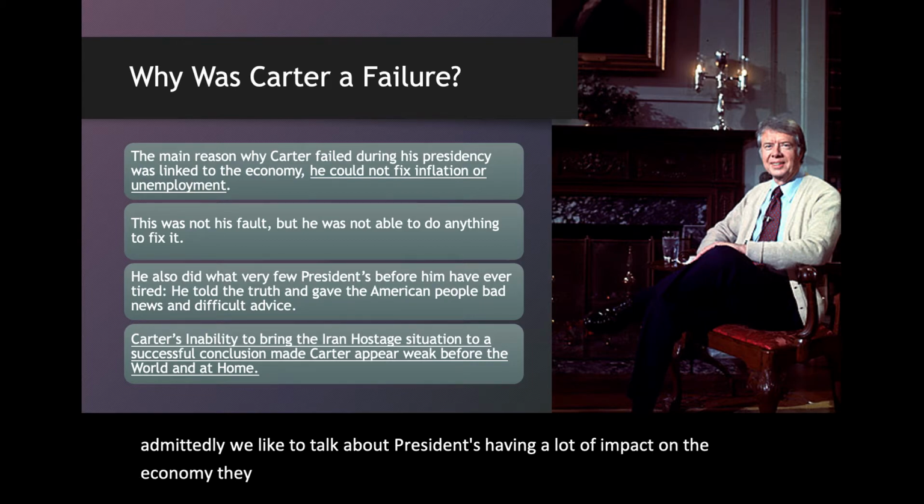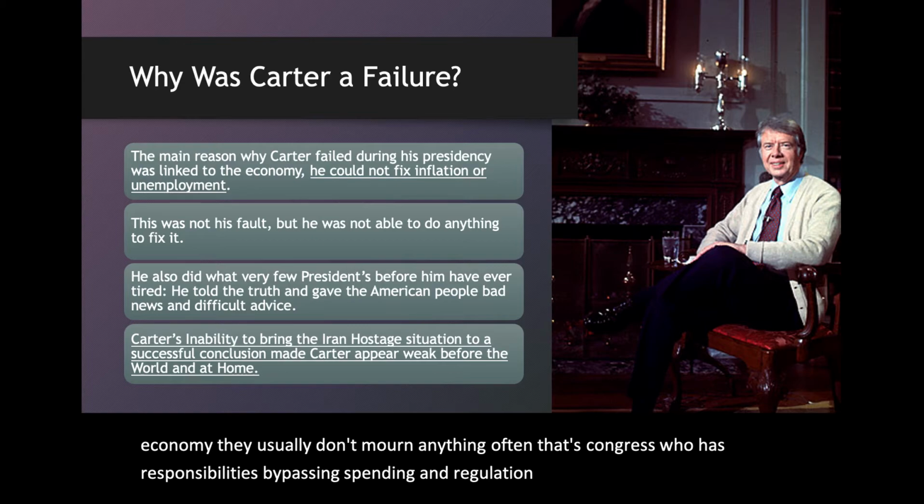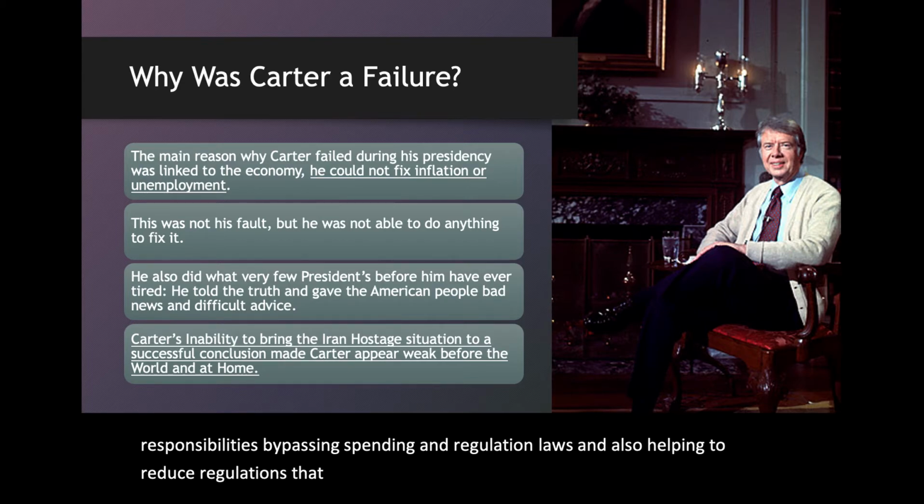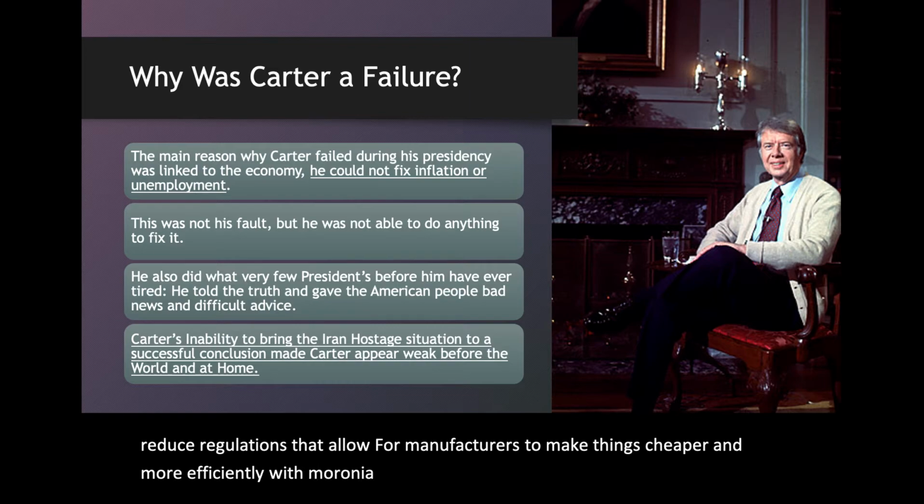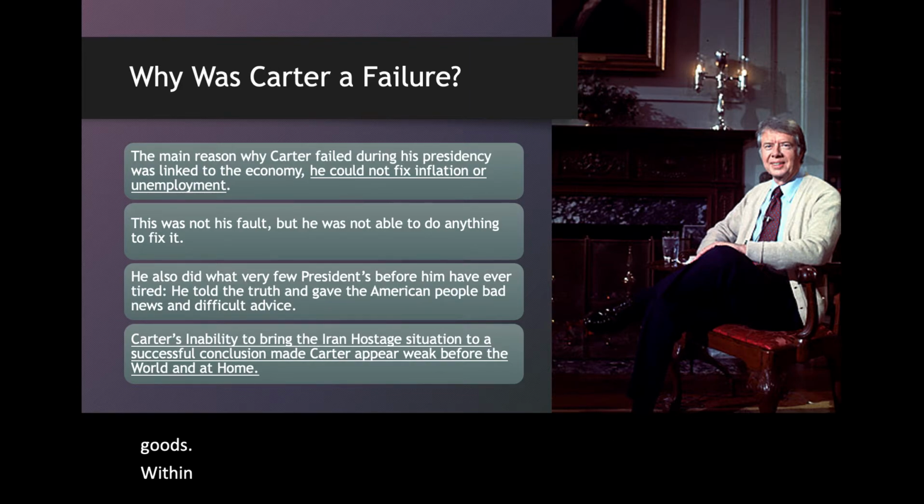More than anything, often it's Congress who has those responsibilities, by passing spending and regulation laws and also helping to reduce regulations that allow manufacturers to make things cheaper and more efficiently. With more onerous regulations, usually the more it costs to produce goods within the country itself. So overall, he gets blamed for it.